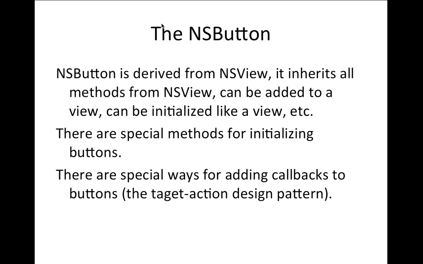Anything that a view can do, a button can do. So it's nested inside just like another view, and basically holds the same order of precedence in terms of nesting or hierarchy. There are special methods that are initialized for buttons: setting actions on buttons, setting images on buttons, all sorts of different properties, if you want to call them that, or initializations.